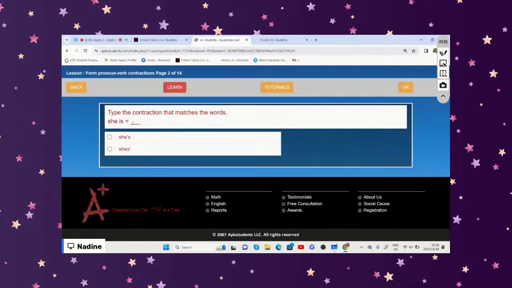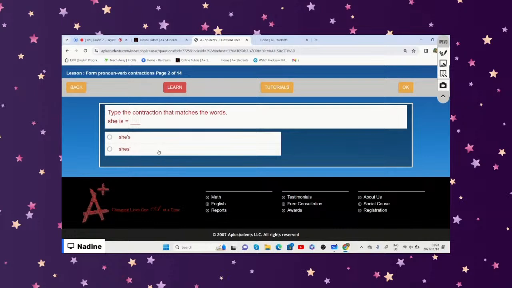She is. Is the contraction she's, or she's without apostrophe at the end? Which one is correct? The apostrophe before the S or the apostrophe at the end?